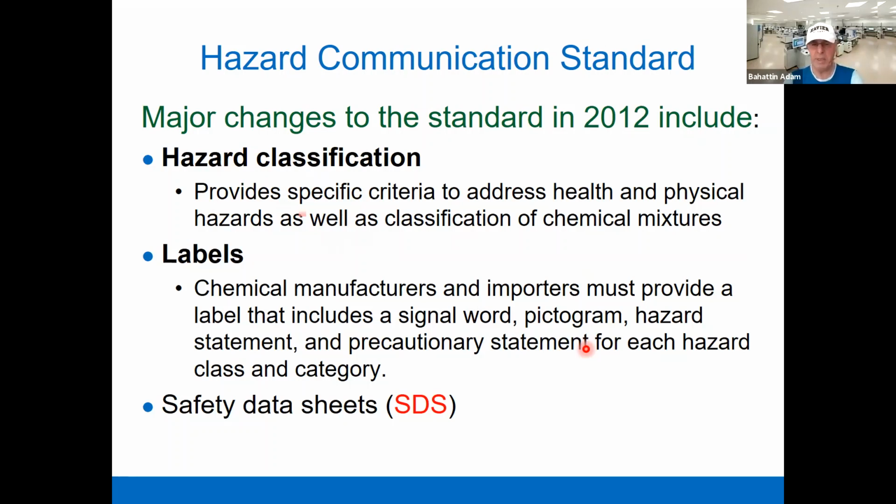Labels on each chemical are one of the essential precautions. The chemical manufacturers and importers must provide a label that includes signal words, pictograms, hazard statements, and also precautionary statements for each hazard class and category.